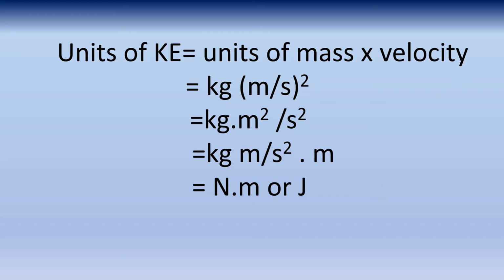From our previous lesson, we know that kilogram meter per second squared is equivalent to 1 Newton. So what happened to the other meter? This becomes Newton meter, or J, or joules. This is the unit of kinetic energy: joules, Newton meter, or J.